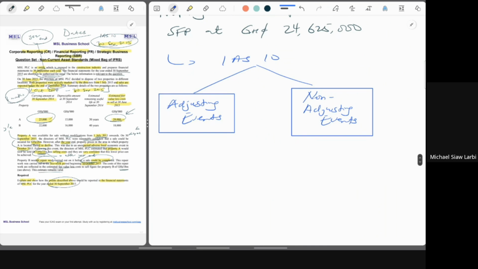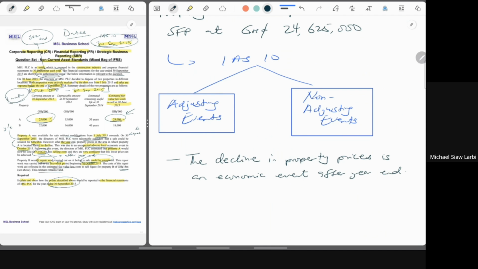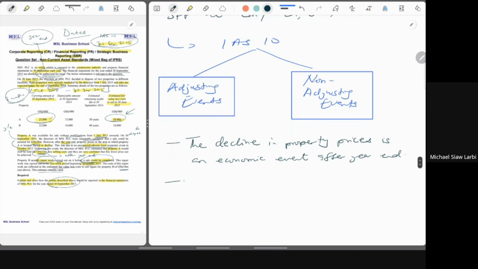So we mentioned that the decline in property prices is an economic event that occurred after year end.